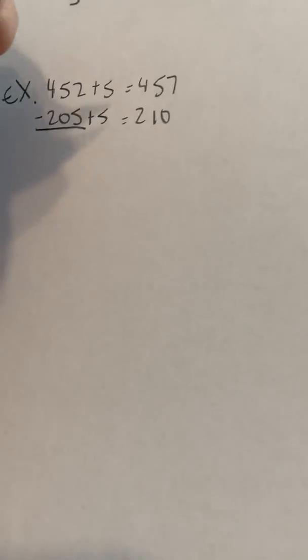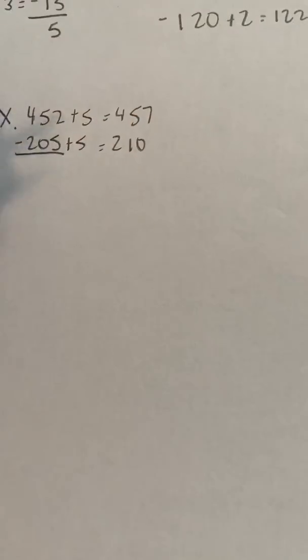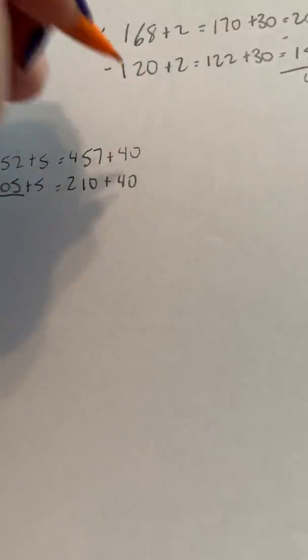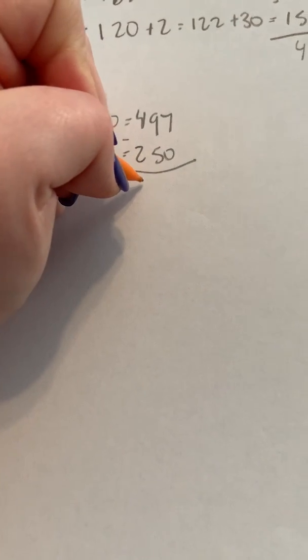Alrighty, and then next I added 40 to it because I wanted to see how 250 would be. So plus 40 plus 40, and then that's going to be 497 minus 250. Right, and your total for that, 497 minus 250, is going to be 247.